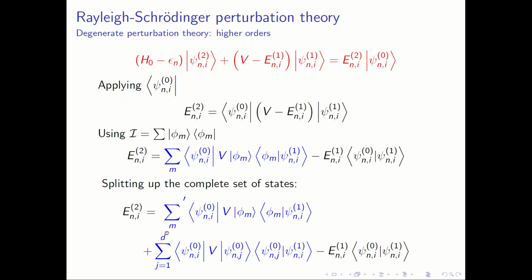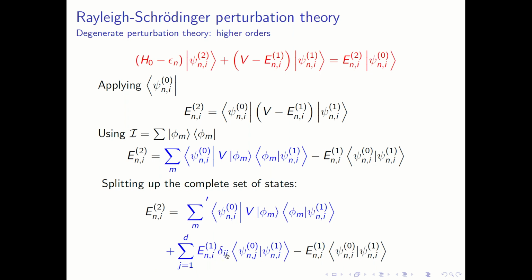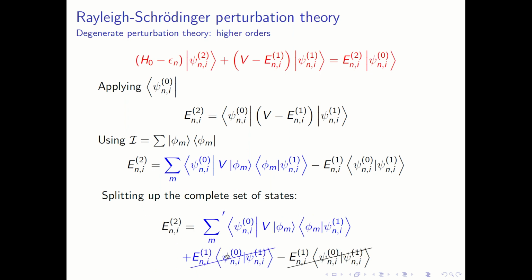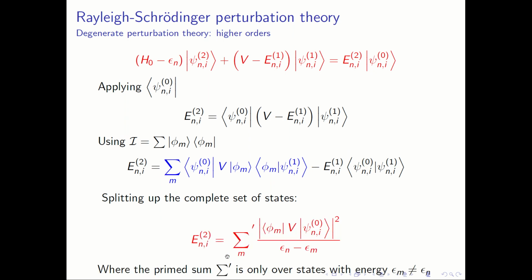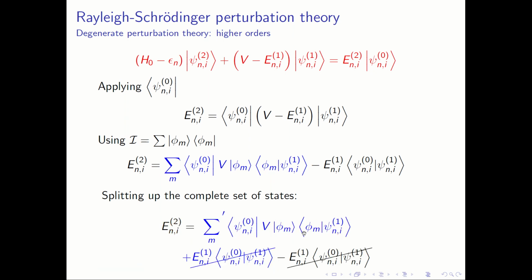So instead of a sum, this becomes just one term where j is equal to i. So this is psi 0 n comma i, psi 1 n comma i, exactly the same as this one. The coefficient becomes E1 ni, so they just cancel, and because they just cancel, you are just left with this one term.